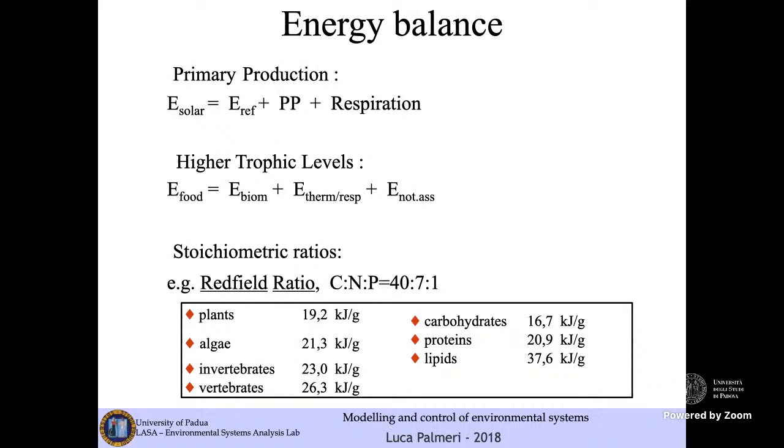In order to understand better, we may take a look again at the processes of energy transformation. We in general distinguish between two very broad, gross categories of energy transformation. The first one is primary production, in which we have an energy balance.